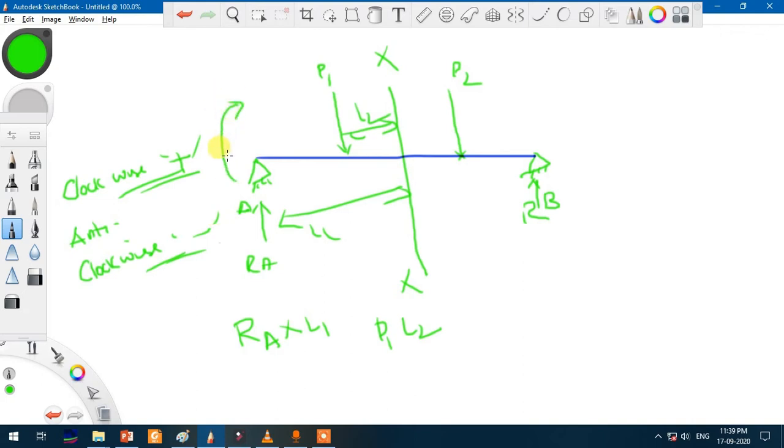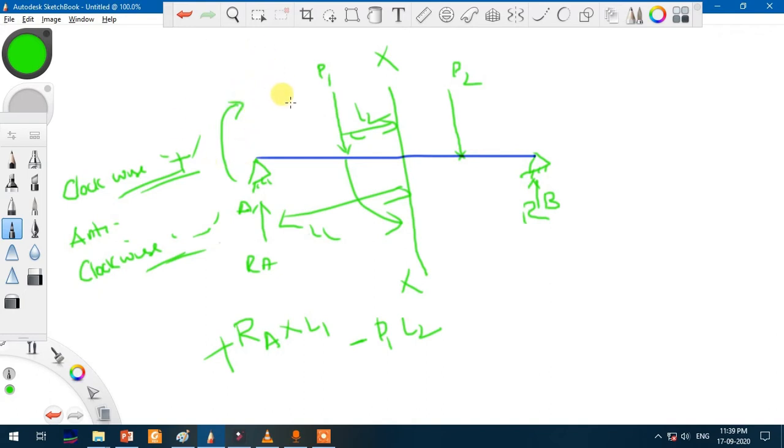This is clockwise, so it is taken as positive, and P1 into L2 is actually anti-clockwise, so negative. With respect to section XX, the moment because of RA is going upwards. The moment because of RA is trying to bend the beam in the upward direction, in the clockwise direction.